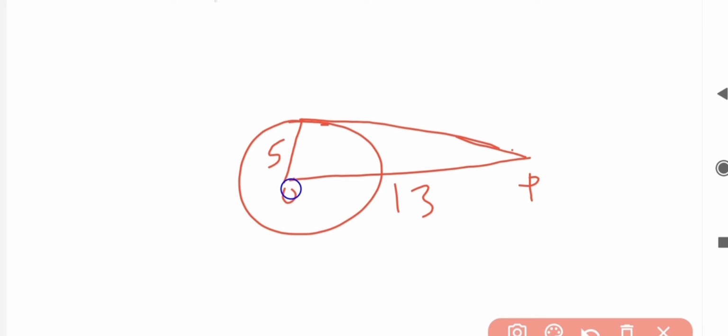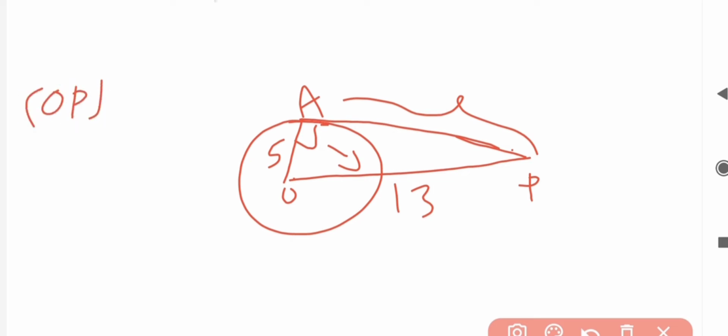Now find the length of the tangent. This value we assume to be a. So you find the length of AP. PA is the tangent, so here it forms 90 degrees. So AOP is a right angle triangle, and the side opposite the right angle is OP, the hypotenuse. Using the Pythagoras theorem, hypotenuse square equals side square plus side square. So OP square equals OA square plus AP square.